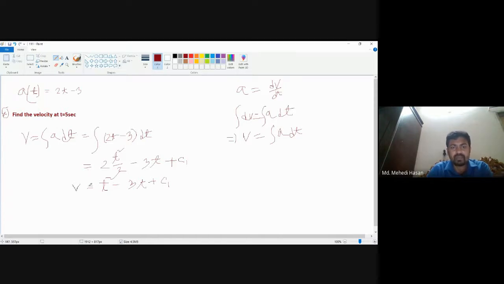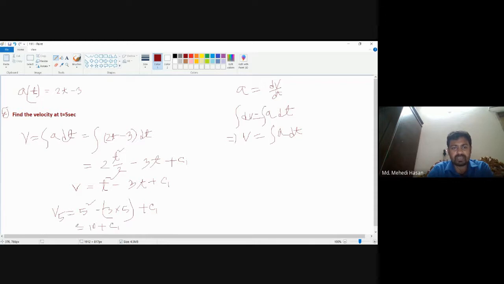Now, if you put the value of t in that equation, we will get the velocity at any time. Say the velocity at 5 seconds, v5, will be 5 square minus 3 into 5 plus c1. This is equal to 25 minus 15 is 10 plus c1.